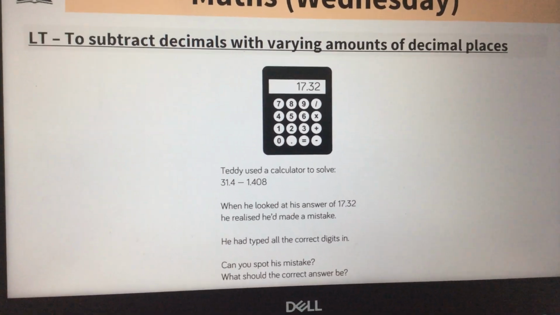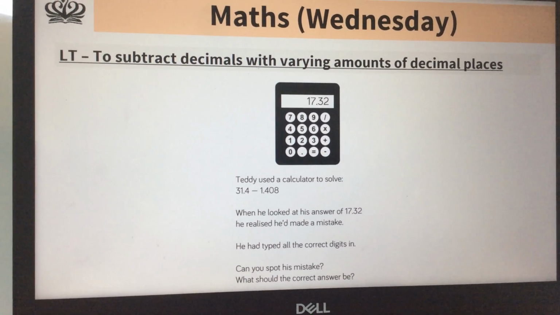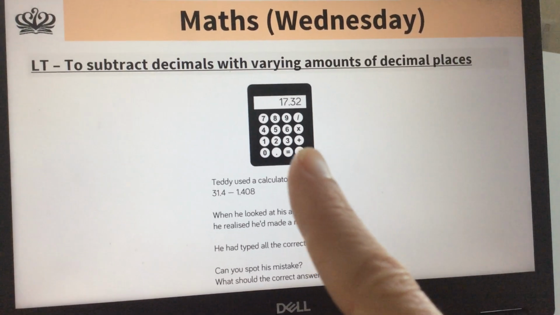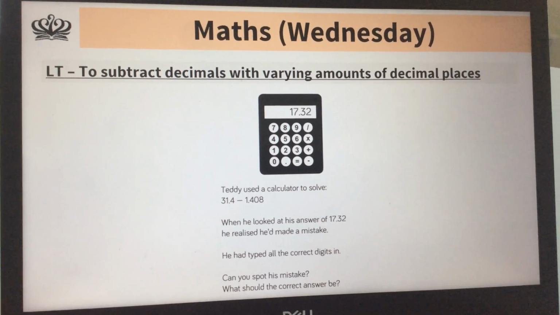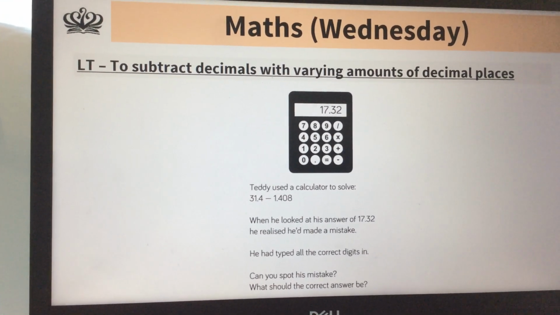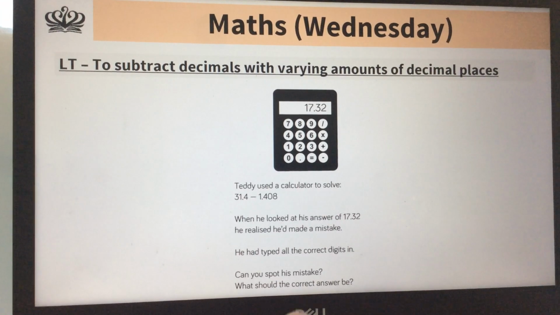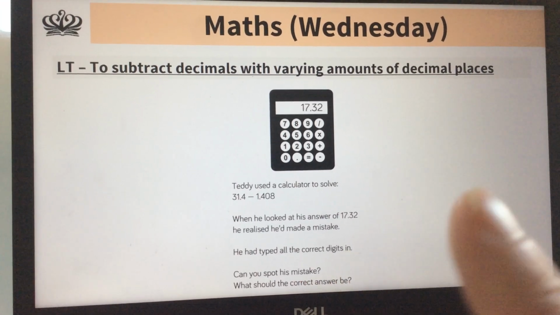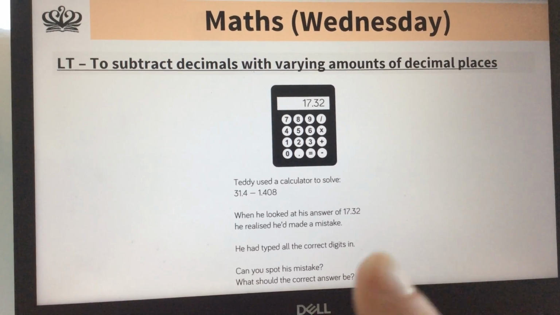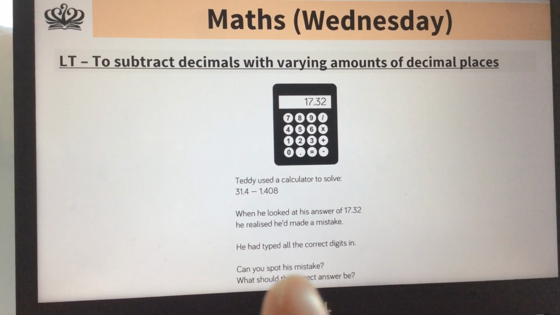This one's a lovely one as well. You've got Teddy using a calculator. He's got this answer, but he realises that he's made a mistake. But he's typed in all the correct digits. So all the different numbers that he pressed were correct, but he's got the wrong answer. So it says, can you spot his mistake?